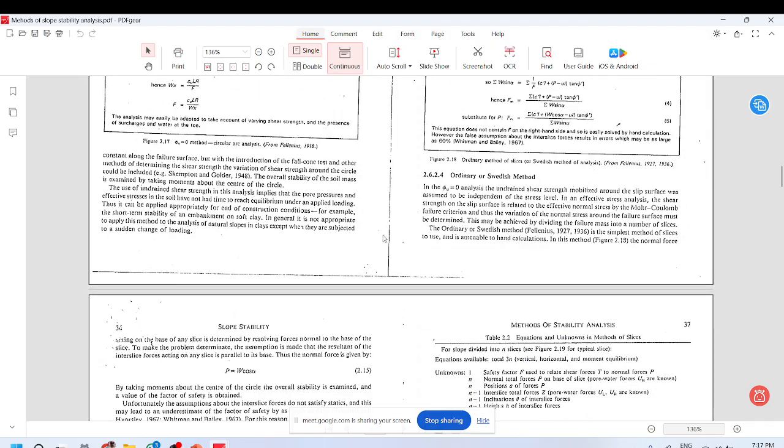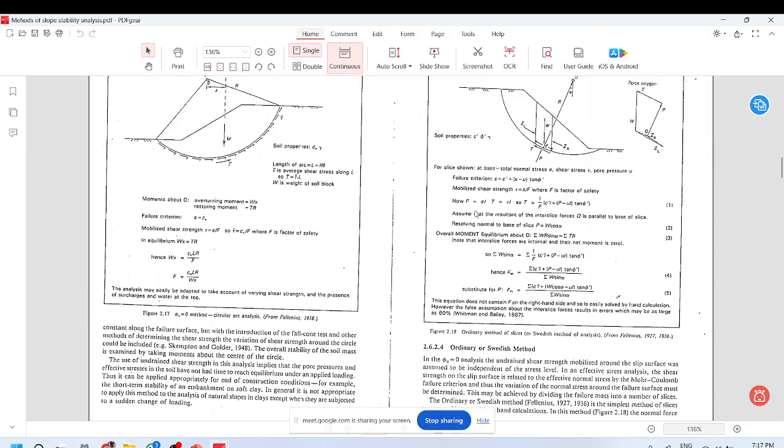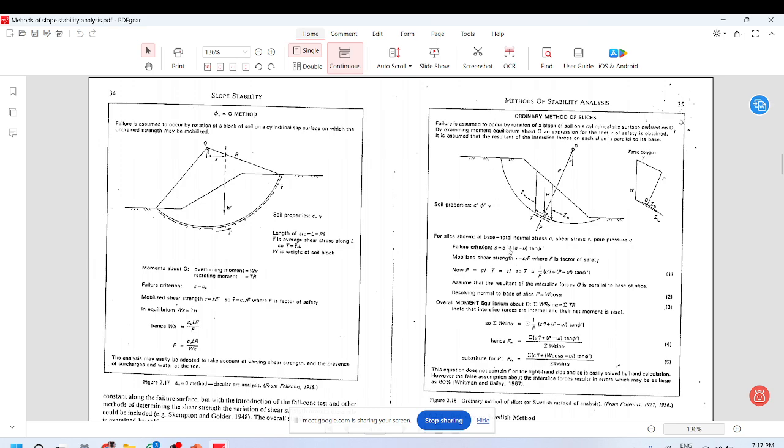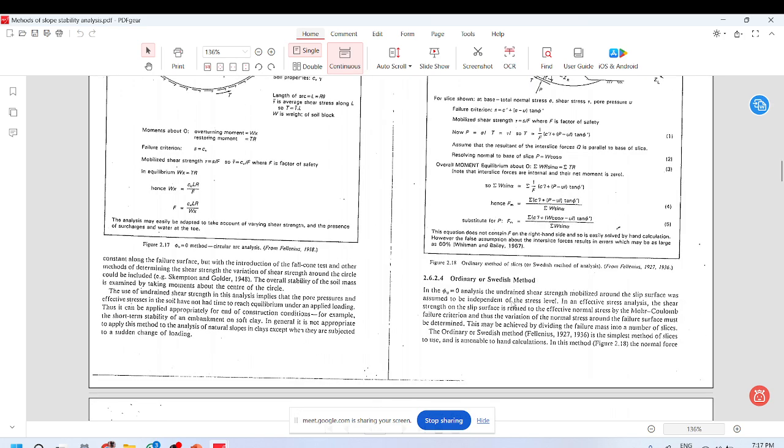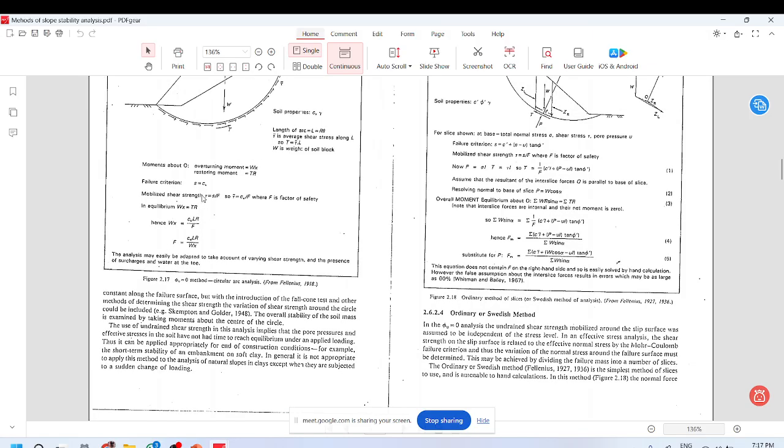Then we have the method of slices. First, we have the ordinary method of slices. In the phi u = 0 analysis, the undrained shear strength mobilized along the slip surface was assumed to be independent of the stress level. We simply say that per unit length, the strength is Cu.